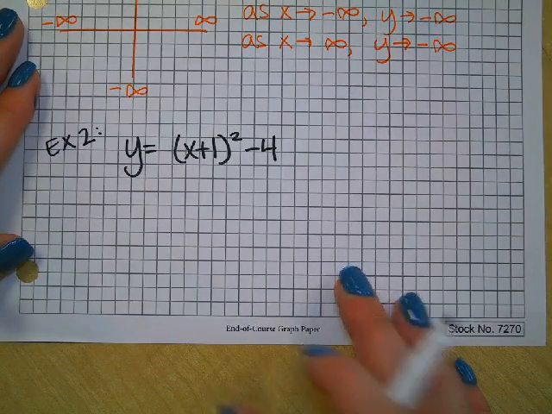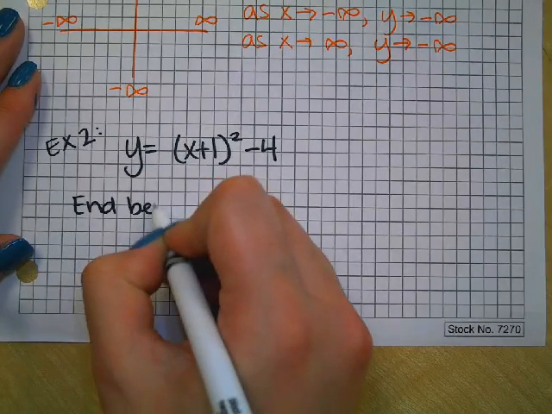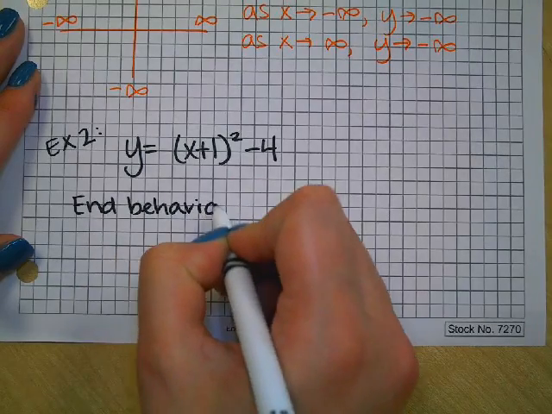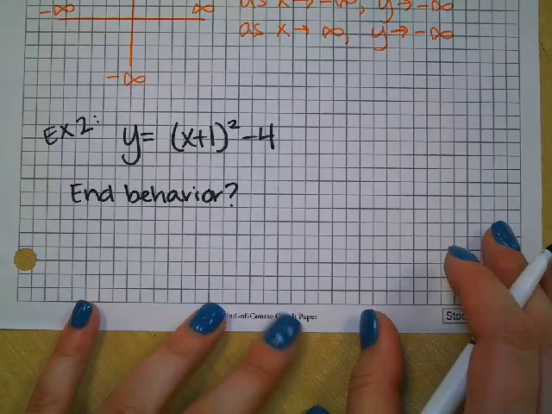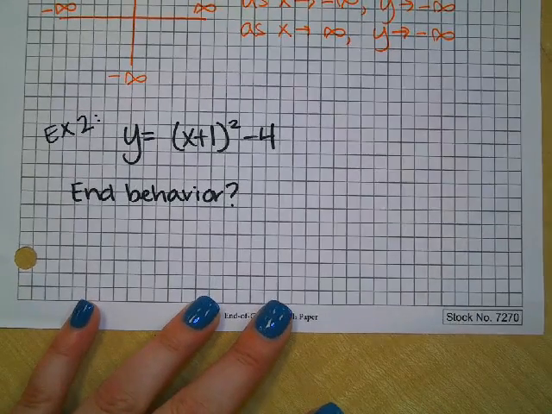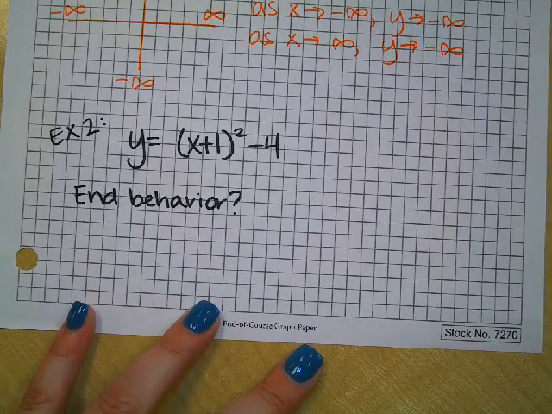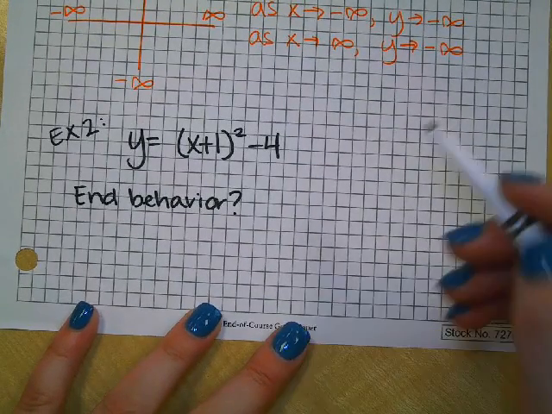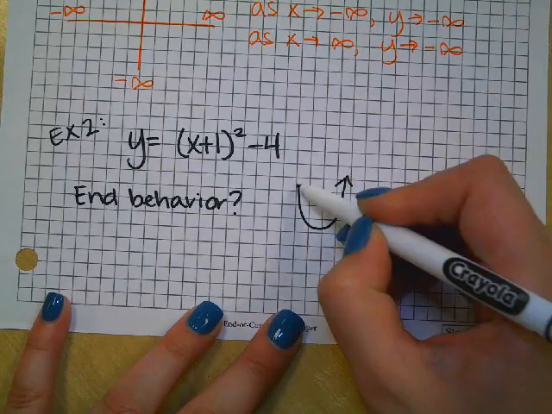Okay, so all I'm going to do is find the end behavior. So I don't have to do very much if that's all I want to do. So does this parabola go up or does this parabola go down? Well, it shifts down, but does it open up or does it open down? It opens up. So the parabola looks like this.